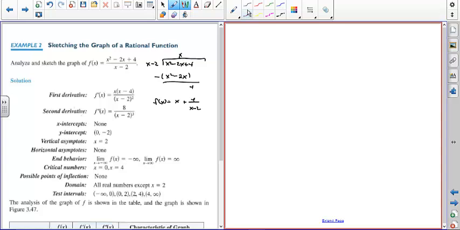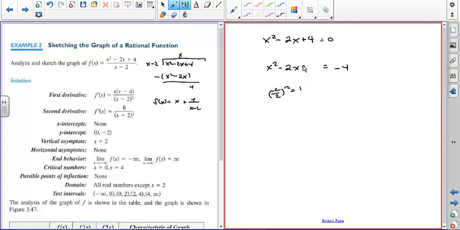So if you tried to look at the numerator here and ask, for what values of x does this go to 0? Well, you could use completing the square. You'd move this to the other side, take -2, divide by 2, and square it, which is going to be equal to 1.